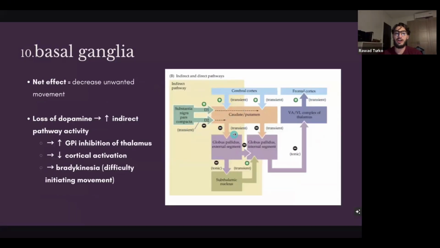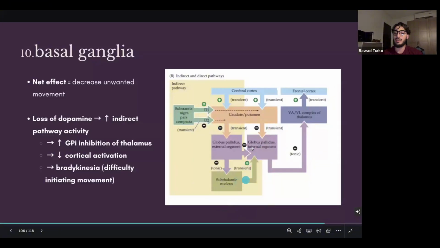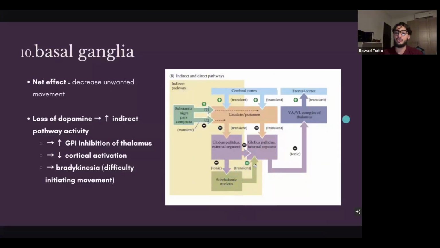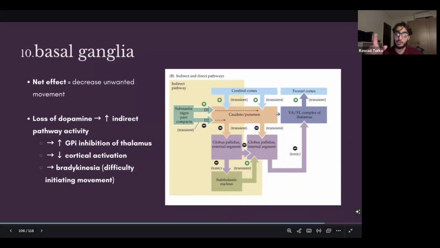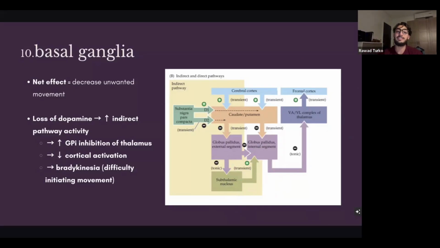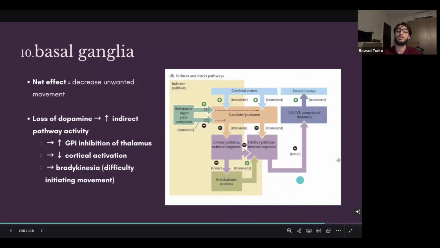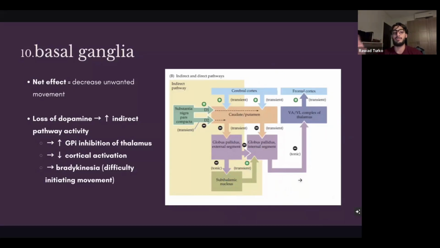The indirect pathway is a lot more complicated, and I don't want you to go into it, at least not for the purposes of this crash course today, because you should know it by now if you've read all of this. But this also involves the globus pallidus externa and the subthalamic nucleus. The effect of the indirect pathway would be to decrease movement, so we would want to inhibit any movements at rest.